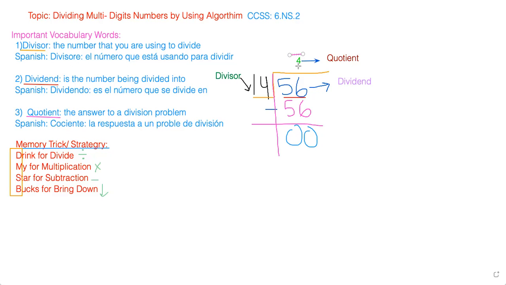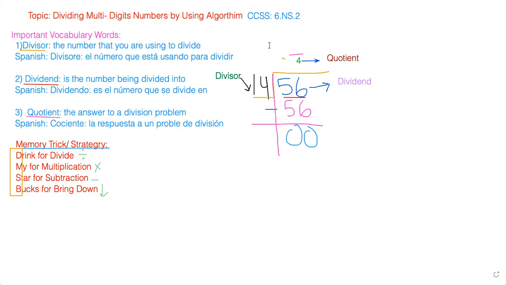The first thing we have to ask ourselves is, if we have 14 on the outside and we have 56 on the inside as the dividend, how many times does 14 go into 5? Clearly, we know that 14 does not go into 5, so therefore I have to write a 0 up on top.